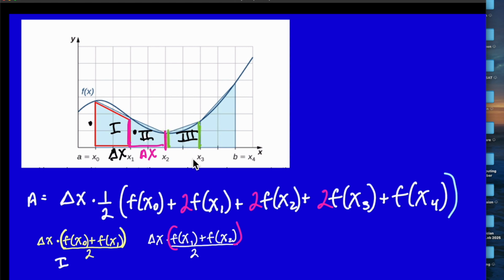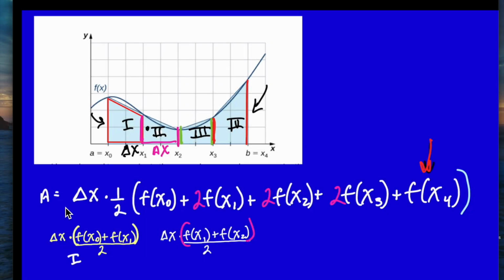And when we get to trapezoid number 4, we're going to see that f of x sub 3 was used in both the formula for trapezoid number 4 and 3. But notice, these two are only used once. So f of x sub 0 and f of x sub 4 are only appearing once in the formula, whereas the others appear twice. And that is because of what we just discussed right here.